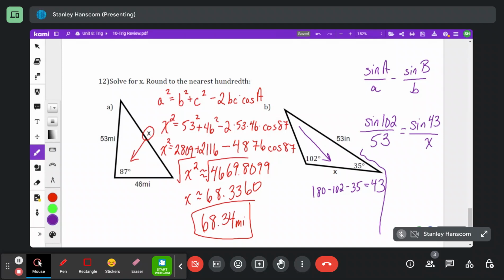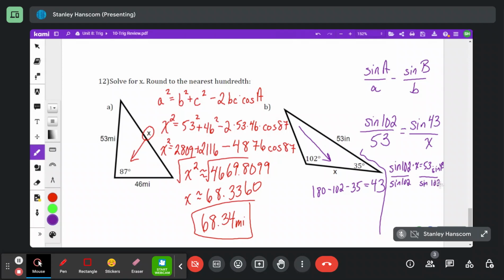If I cross multiply, I get that sine of 102 times x equals 53 times the sine of 43. Sorry that I'm squeezing that in there. Then I divide both sides by the sine of 102.